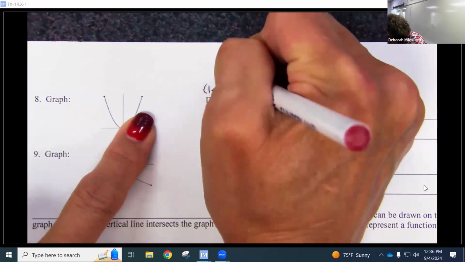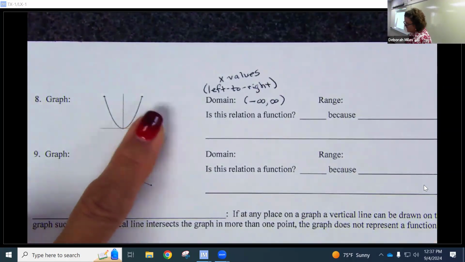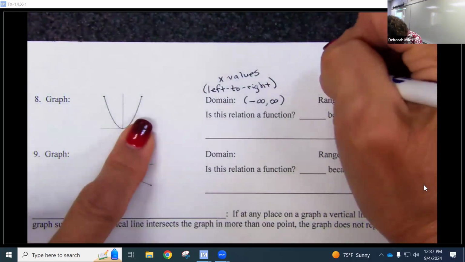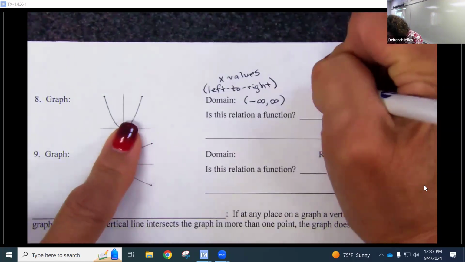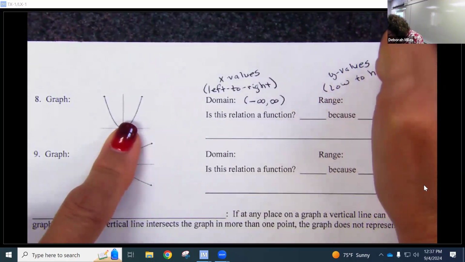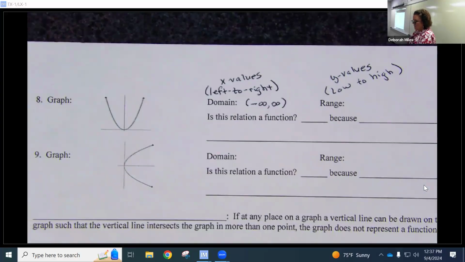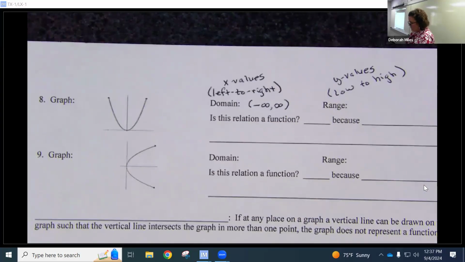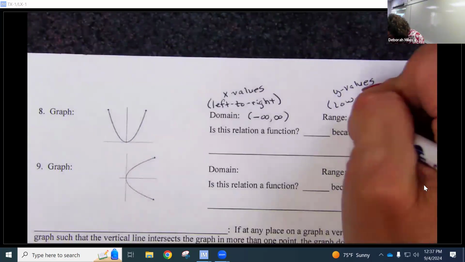X values left to right, that's your domain. Your range is your y values low to high. Notation is always smallest to largest. So what's the lowest y value on that graph? 0.